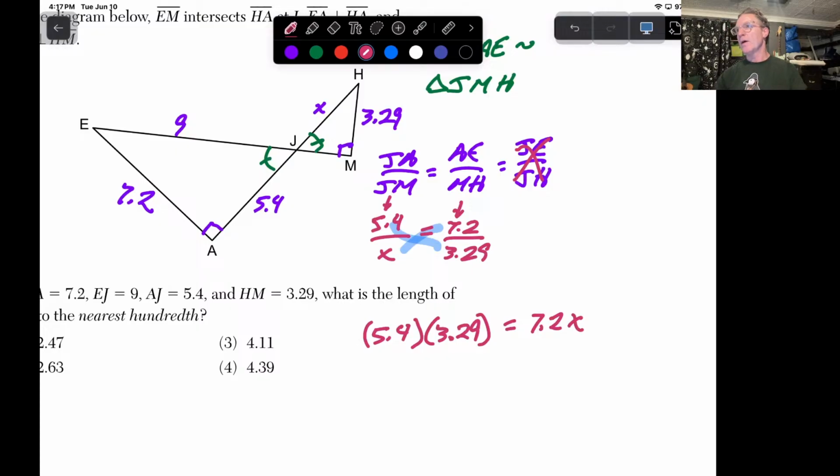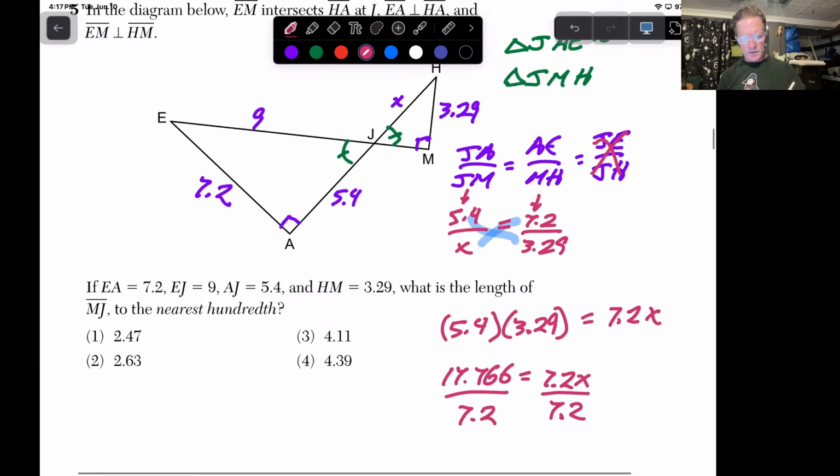Plug that into our calculators, and you're going to get, I think, 17.766 equals 7.2x. Divide by 7.2, and you're going to get 2.4675 or something like that. So there's your answer, 2.47.